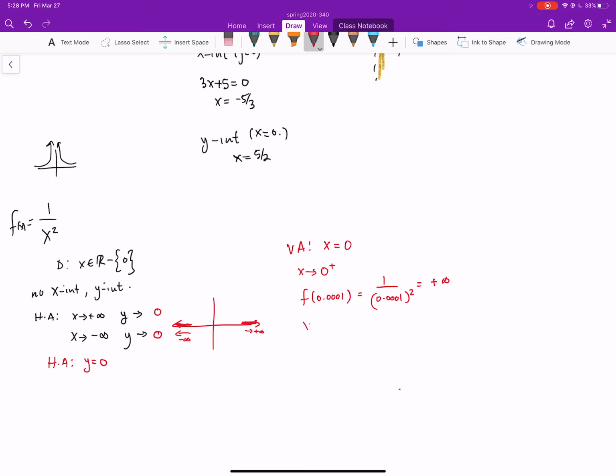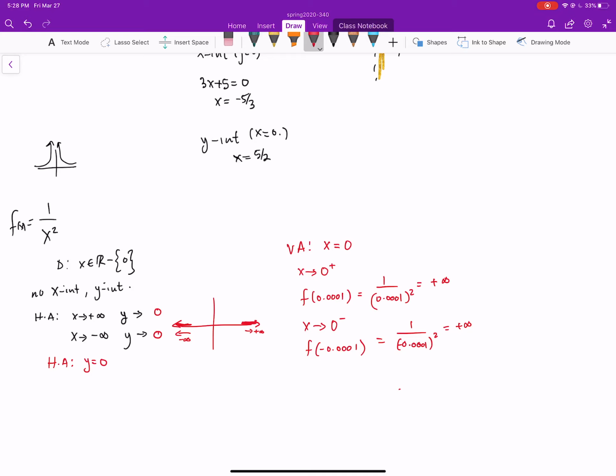Likewise, if you checked what happened with 0 from the left, if you pick negative 0.0001, that gives you 1 over negative 0.0001 that you're squaring. Now the negative turns to positive, you end up with positive infinity.